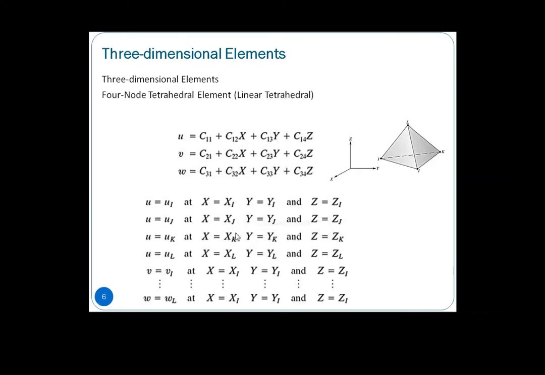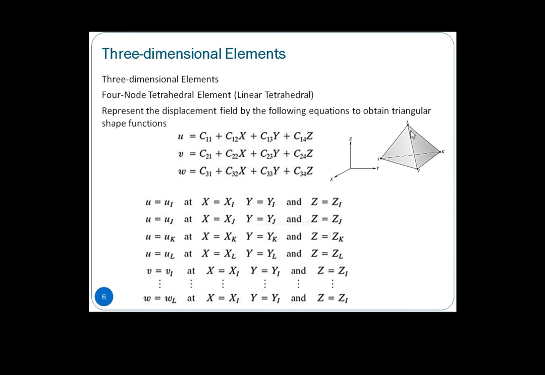So again, like we have done in two-dimensional, deriving or determining the shape function. Of course, we don't really go into deriving here, but it is good to know. So you have 4 nodes, you have 4 shape functions. In this case, for your displacement field, you have U, V, and W representing the displacement in the x-axis, y-axis, and z-axis.